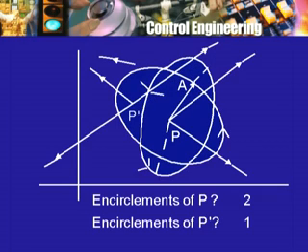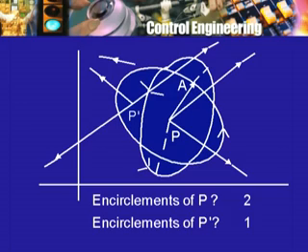Draw the radius vector from P dash to A, imagine going around that curve, see what happens to the radius vector, and then follow the change in the position of the radius vector and figure out what is the total rotation of the radius vector, the total angle through which the radius vector has turned in the counterclockwise direction, divided by 360, that will give you the number of encirclements.